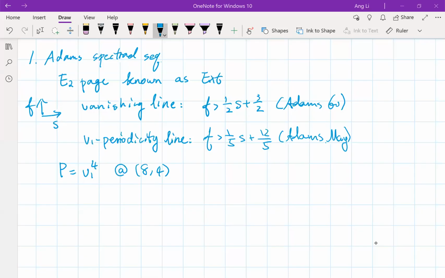Okay, so that is defined by another map called the Massey product.